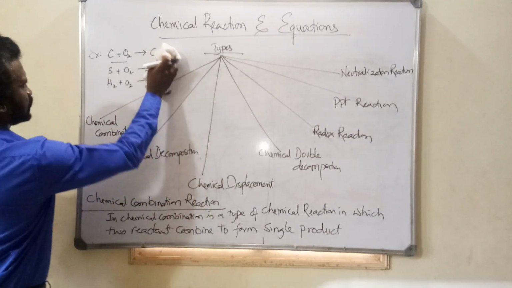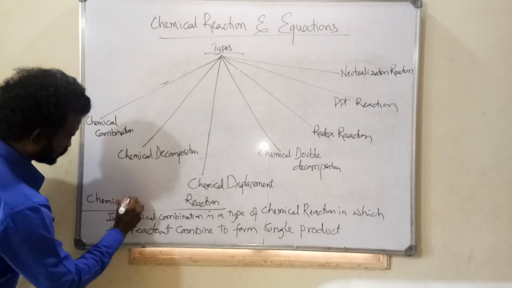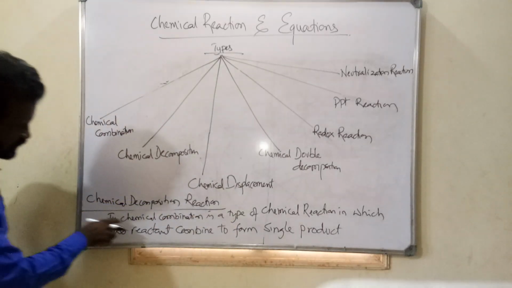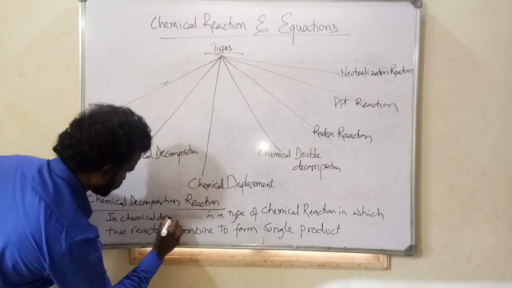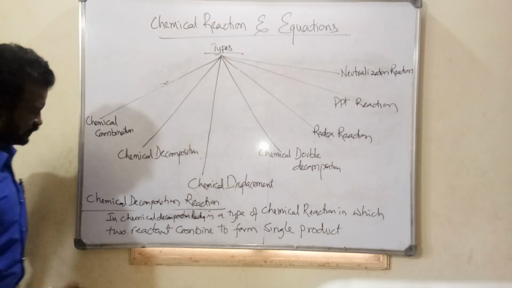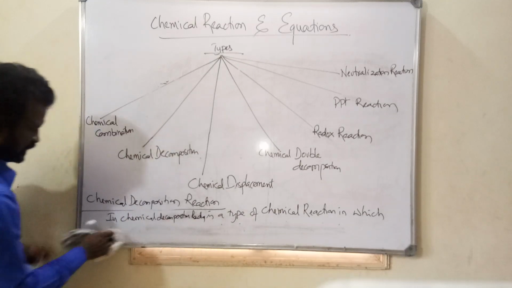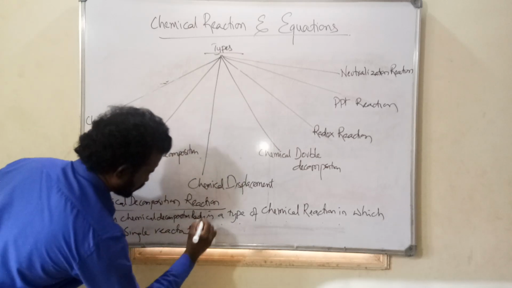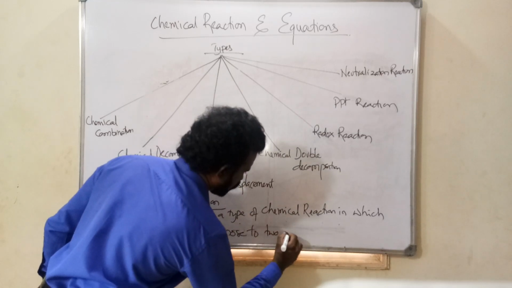A chemical decomposition reaction is a type of chemical reaction in which a single reactant decomposes to two or more substances.